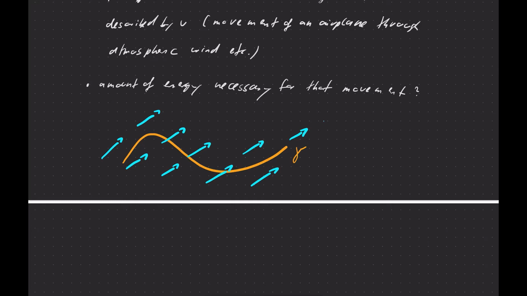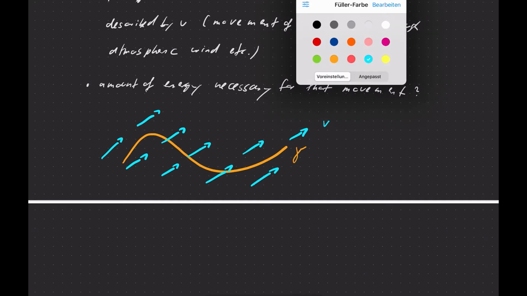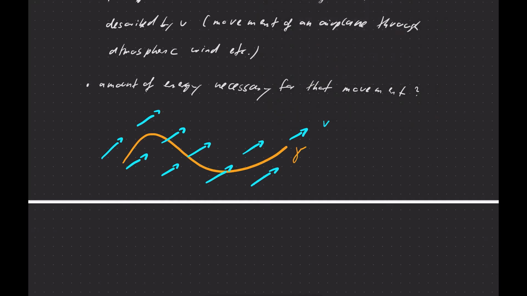Right, so that's our vector field V. And now let's say we are at a certain point in that vector field. For example, let's take this point here. Then at this point, the direction of movement along our curve is precisely the tangent vector. And that also tells us the speed of movement, of course. So that's our local movement.